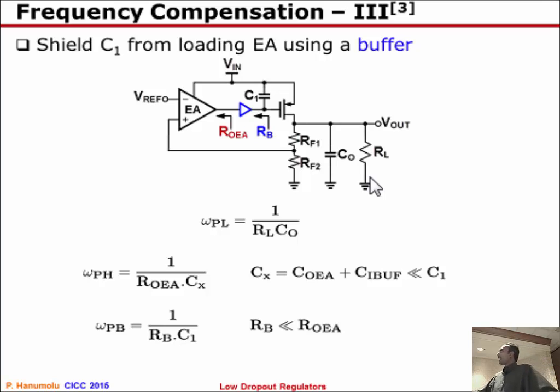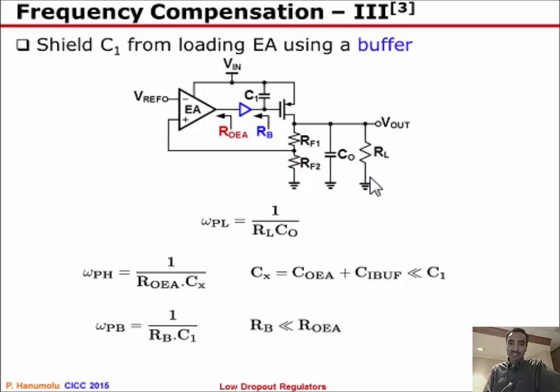As you can imagine, the input capacitance of the buffer must be much smaller than the gate capacitance of this device, and the newly added pole is really the output impedance of the buffer times the capacitance here as shown. So the requirements on the buffer are very low input capacitance and also very low output impedance.